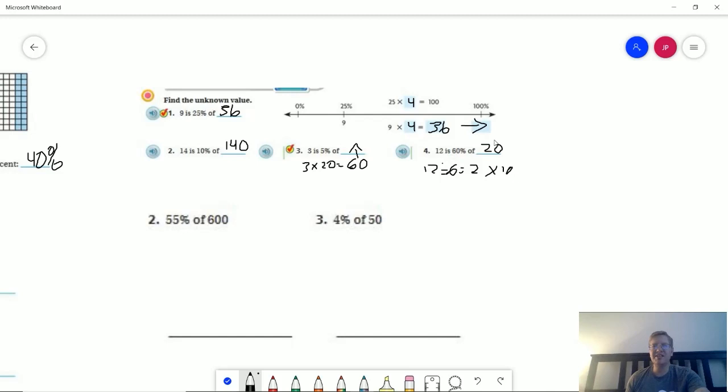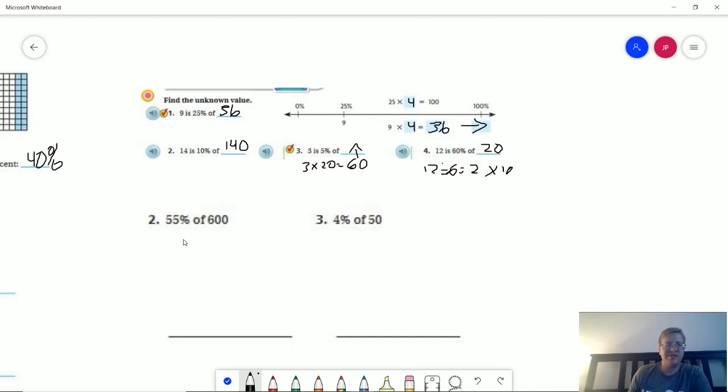All right, so using something kind of similar, we can do this part. So 55% of 600. There's actually a math problem that we could do to just find that directly. What I would suggest that you do is you can find 10% by dividing by 10.